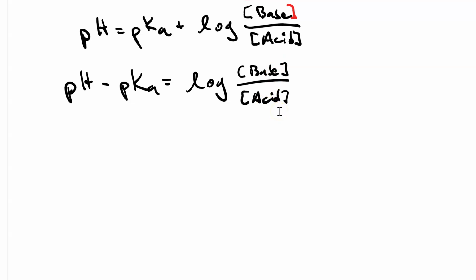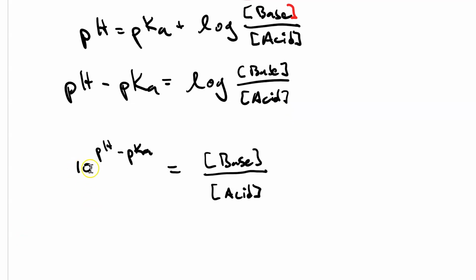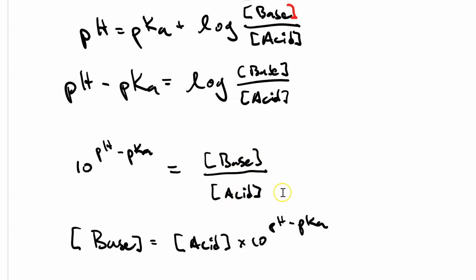In other words, 10 to the. So 10 to the power pH minus pKa equals concentration of base over concentration of acid. Multiplying both sides of this equation by the concentration of acid, we end up with the concentration of base equals the concentration of acid times 10 to the power pH minus pKa.